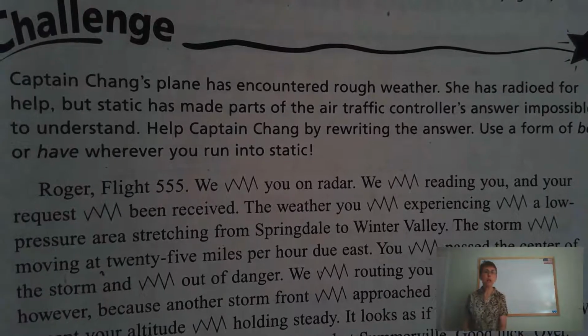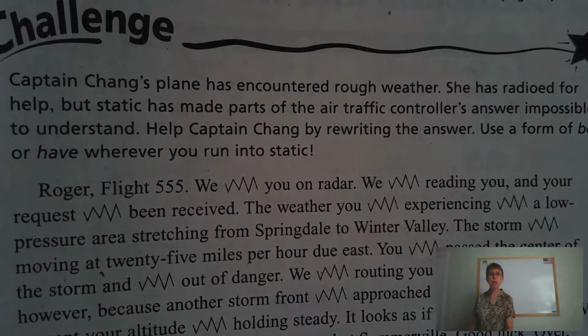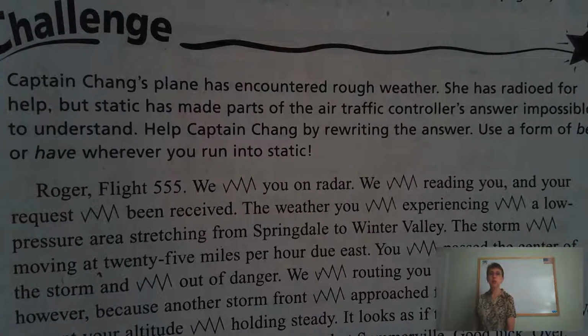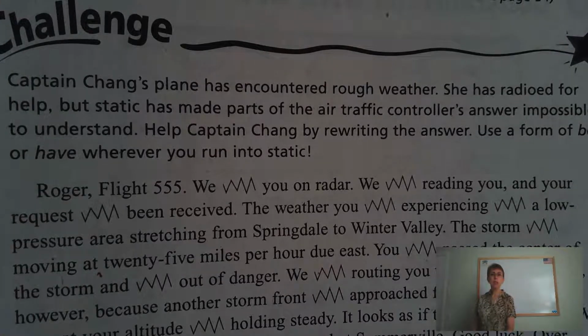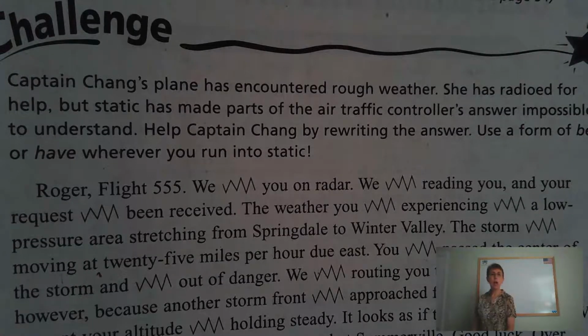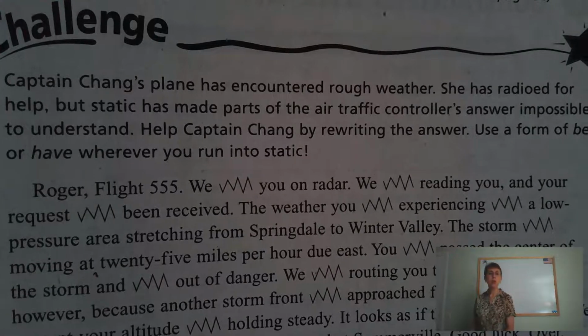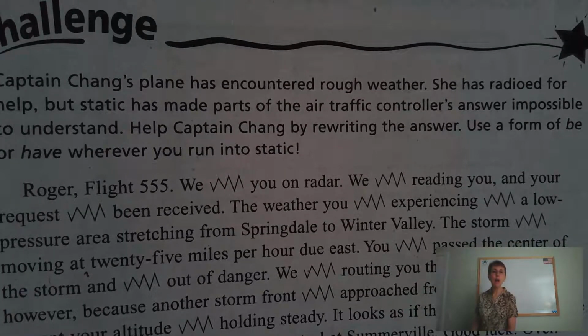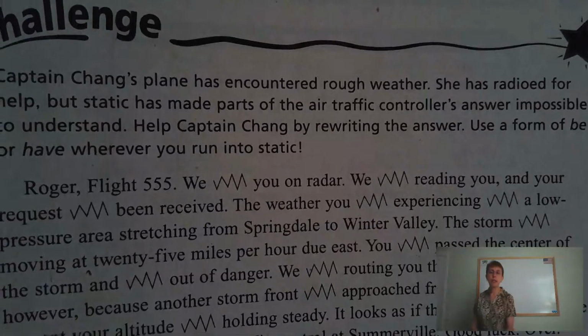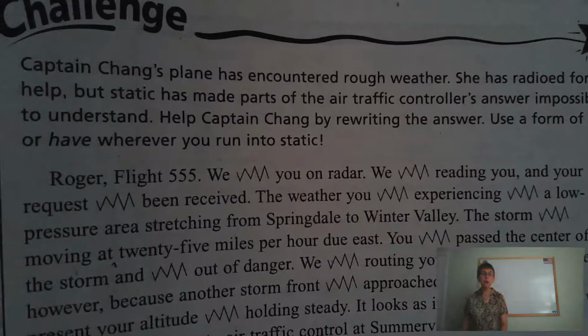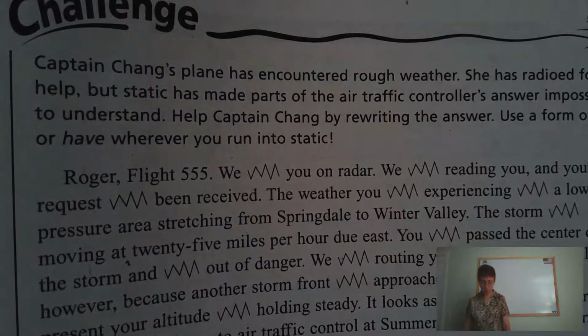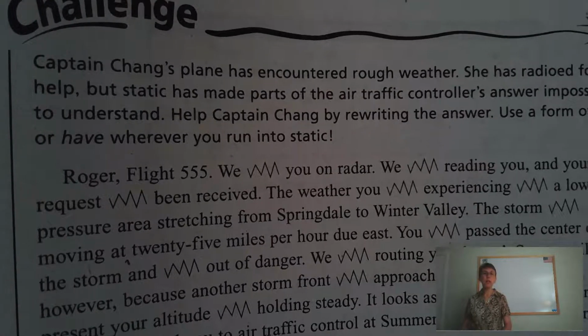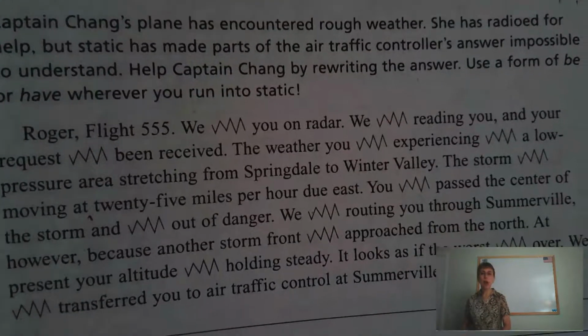She has radioed for help, but static has made parts of the air traffic controller's answer impossible to understand. Help Captain Chang by rewriting the answer. Use a form of be or have wherever you run into static. So you want to refer back to that chart on page 114, the different forms of be or have.